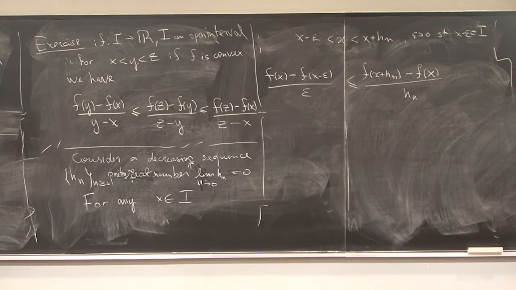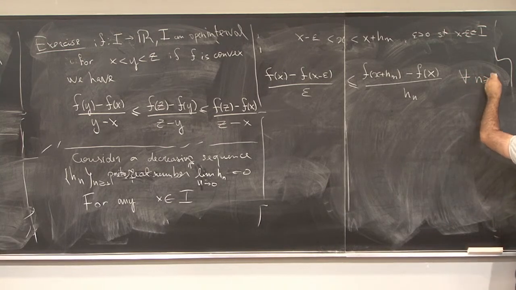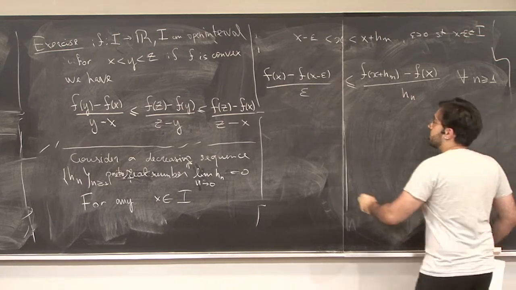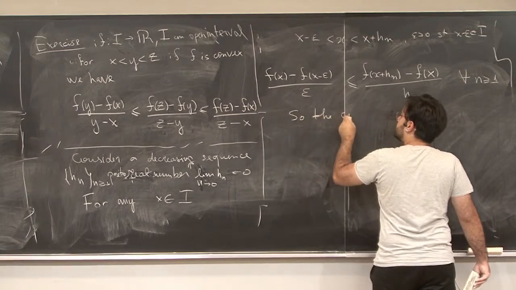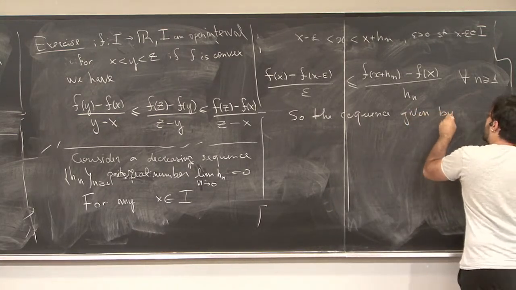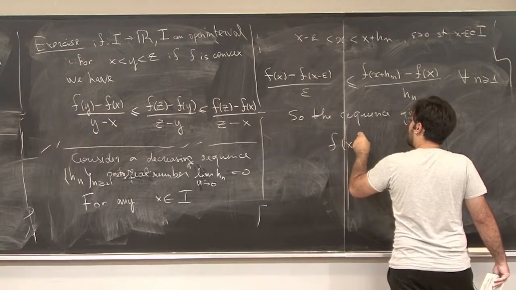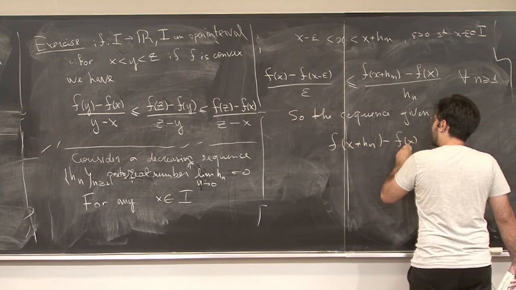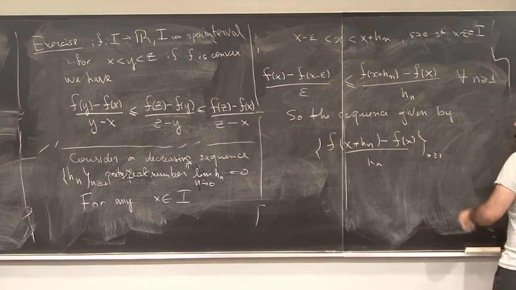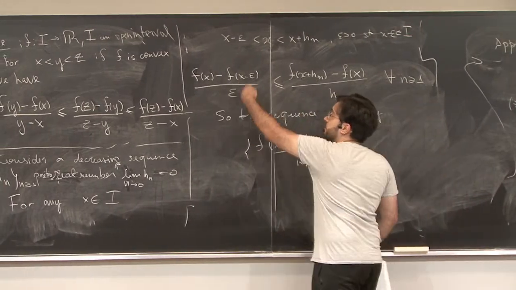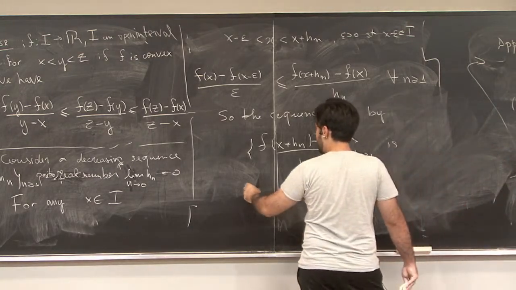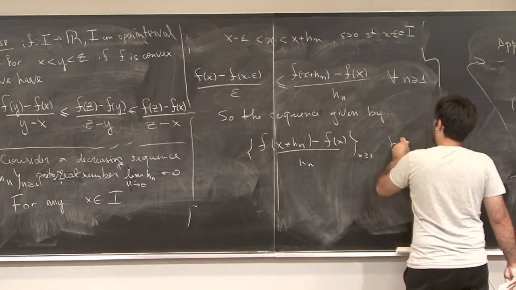But this holds for every n. So the sequence given by (f(x plus h_n) minus f(x)) over h_n is lower bounded by something fixed. So it has a lower bound.